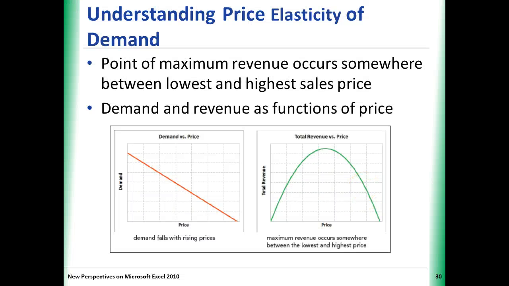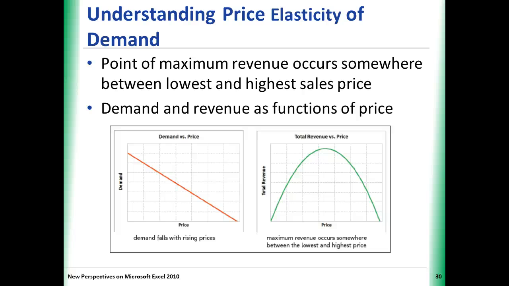So if we look at this, what happens? If I raise the price and demand goes down a little bit, my total revenue probably will still go up, right? If I raise the price $2, but demand only goes down 500 units, my revenue is still going to go up. But it's going to reach a point where I raise the price so high that demand goes down and my total revenue goes down.